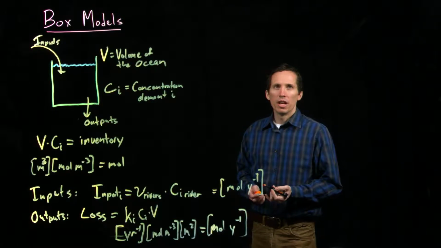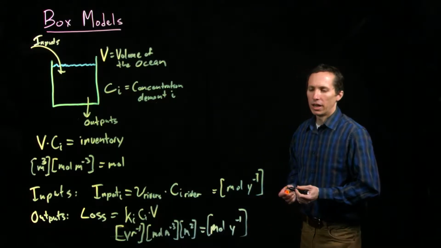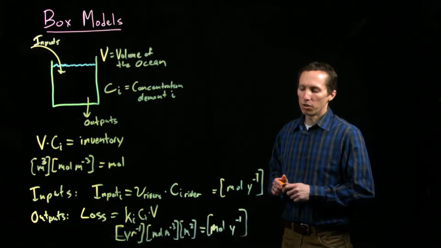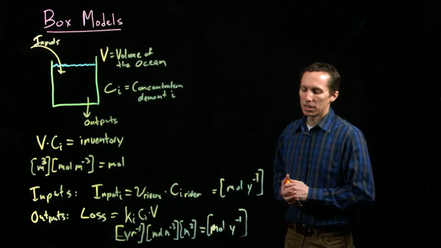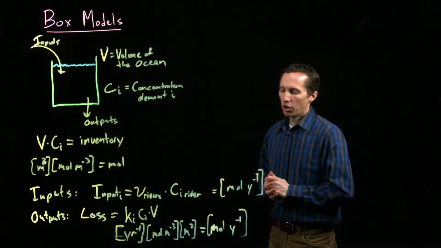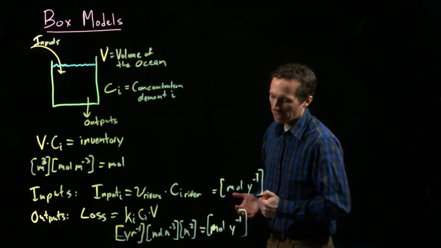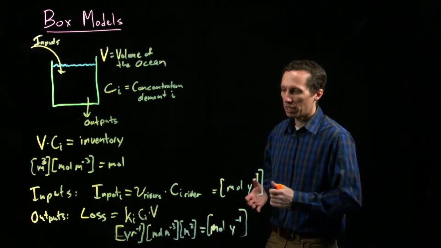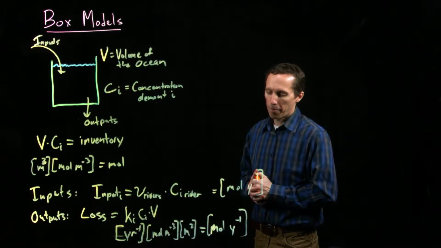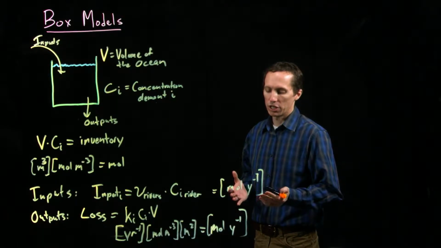So what we can do then is we can think about our third hypothesis, which is that the ocean concentrations are controlled by kinetics, and it's the balance between these inputs and outputs that determine the concentrations.